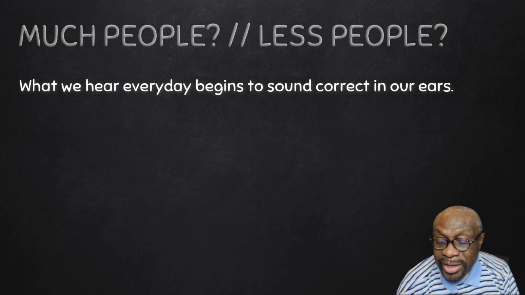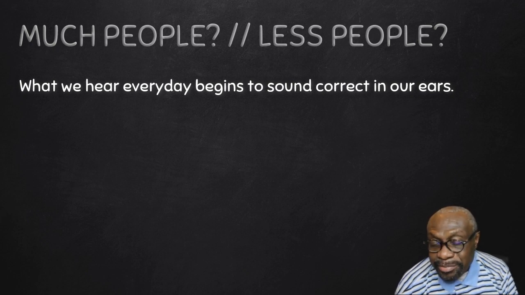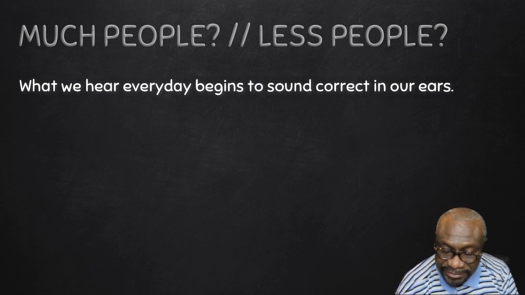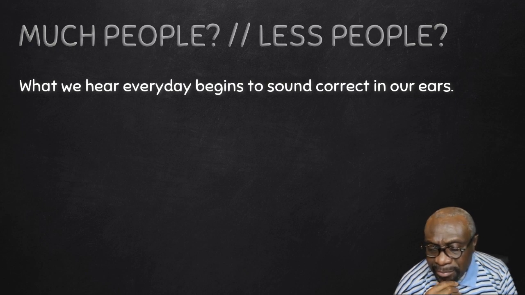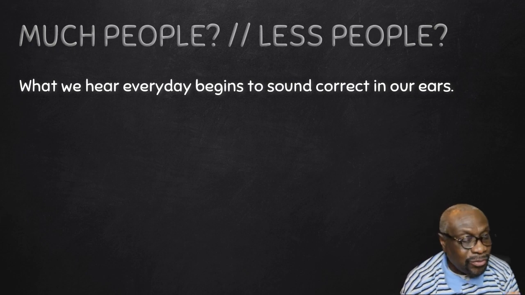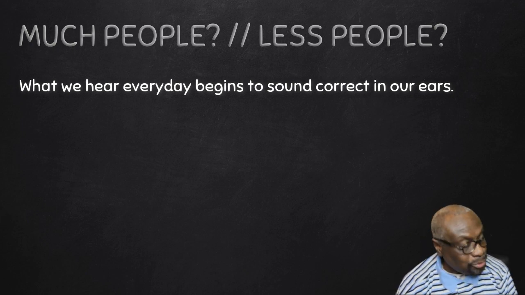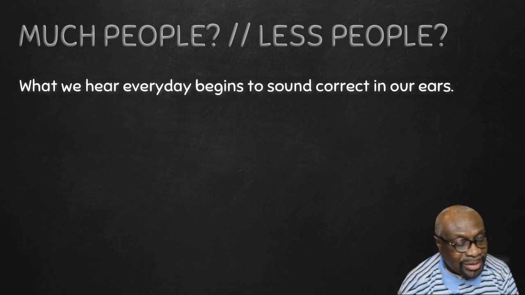Now, we have a choice between much people and many people. In other words, we have much and many, fewer and less. Many, fewer have got two syllables. Many, fewer. Much, one syllable. Less, one syllable.